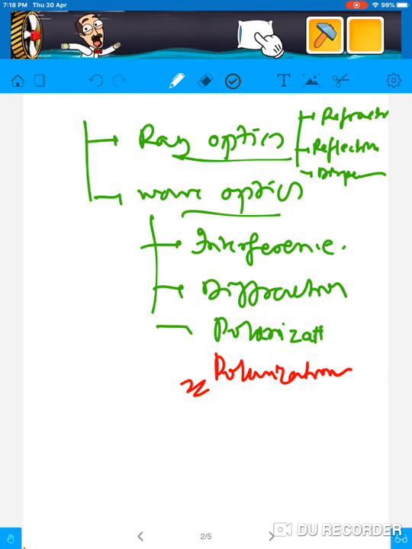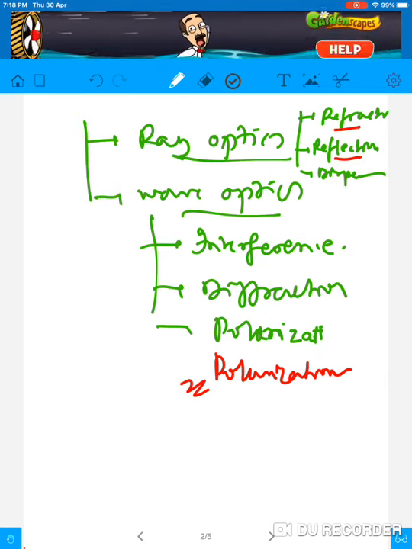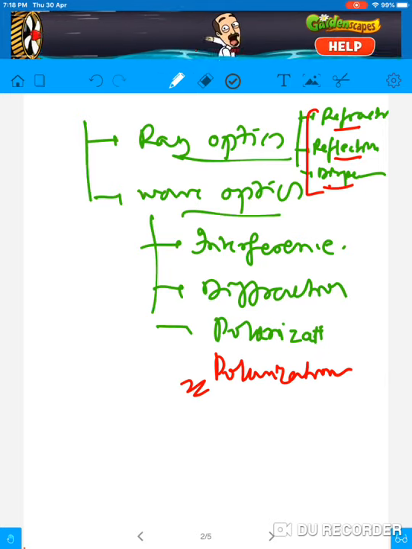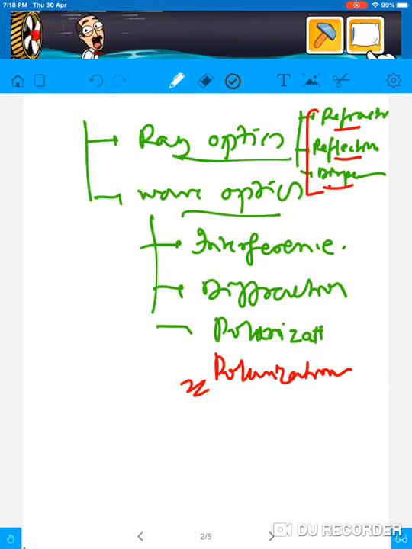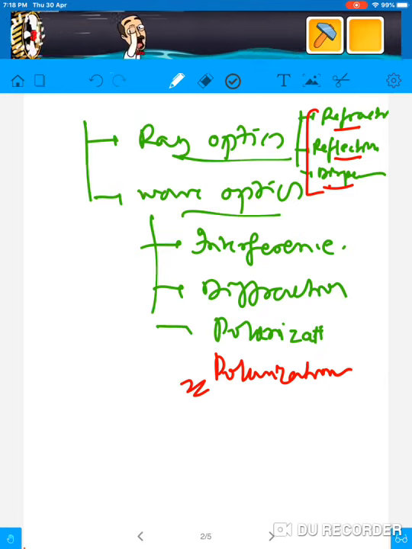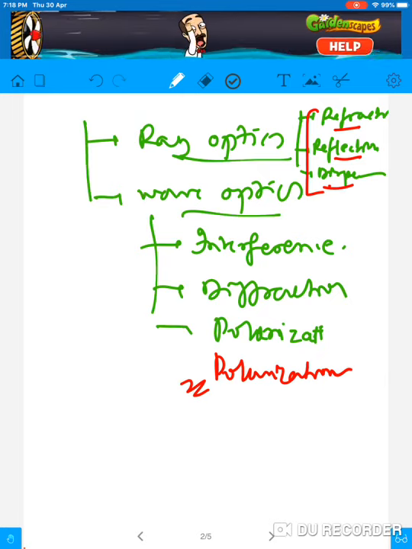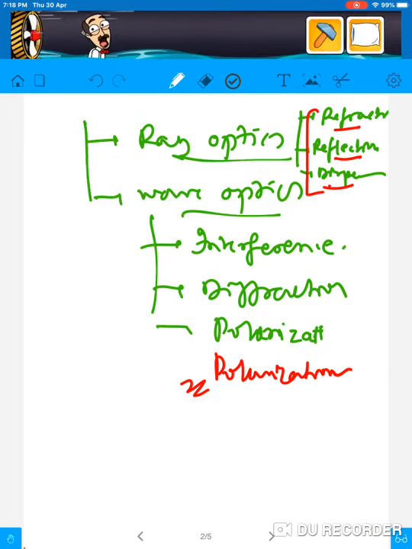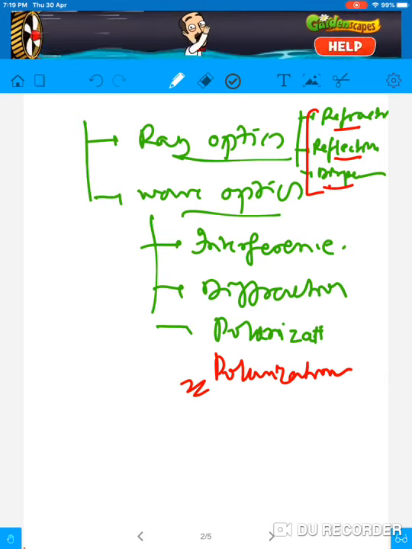So in ray optics, he explained reflection, refraction, and dispersion, all these phenomena using his corpuscular theory. Then came the Huygens theory and the theory of wavefront. Huygens explained that the secondary wavelet sources traveling within the same phase are on the same wavefront, and he explained these phenomena using wave theory.